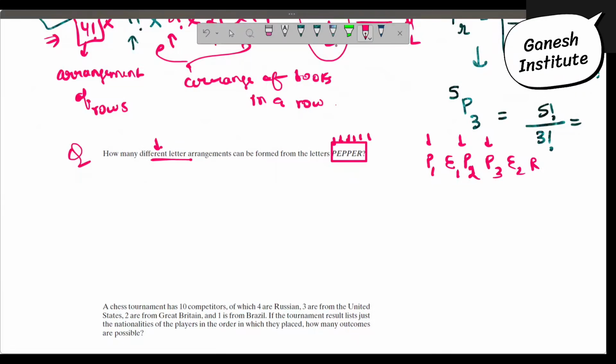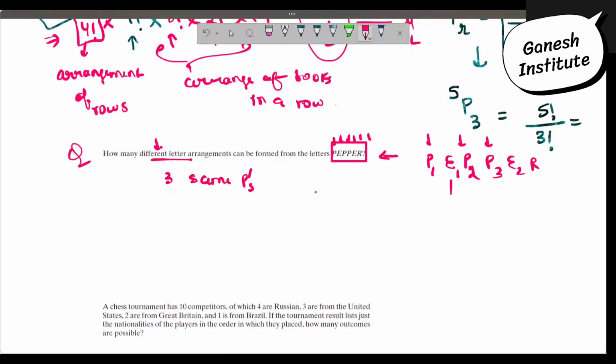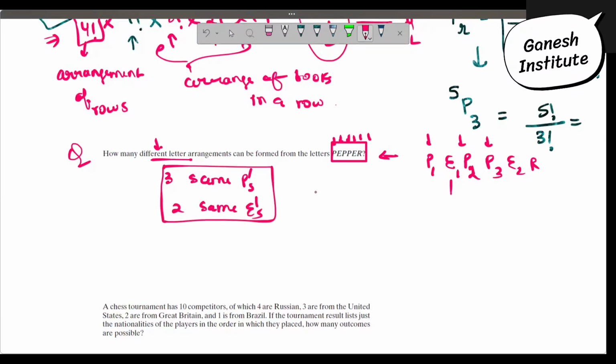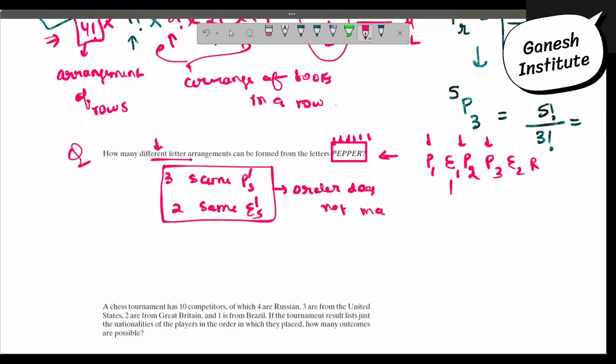6 factorial. But if you see, I have here three same letters and two same E's. And for them, order doesn't matter because they are identical. Order only matters for those which are non-identical.